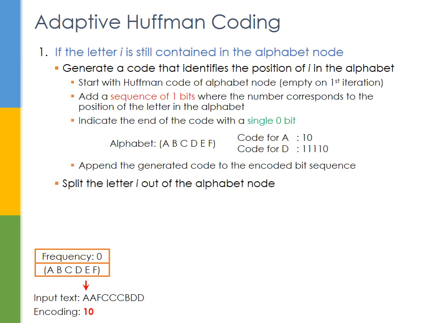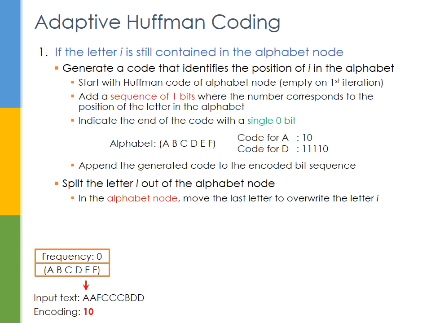Next, we need to split the letter that we've just encoded out of the alphabet node. So we do this, first of all, by moving the last letter within the alphabet node to overwrite the letter that we've just encoded.